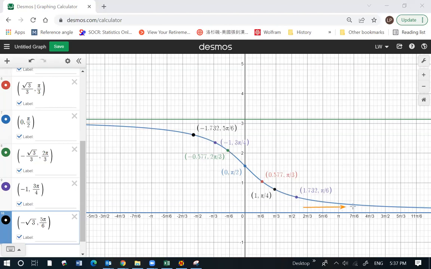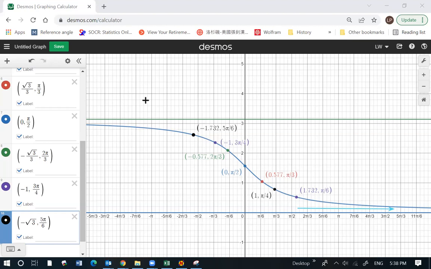As the input ratio goes to positive infinity, arc cotangent approaches 0 but stays larger than 0.